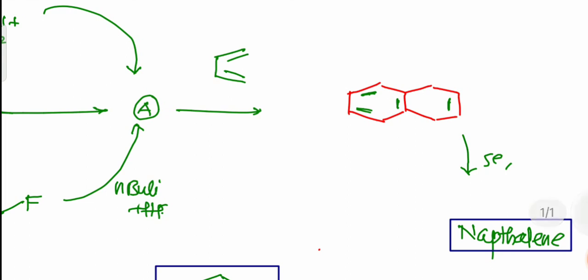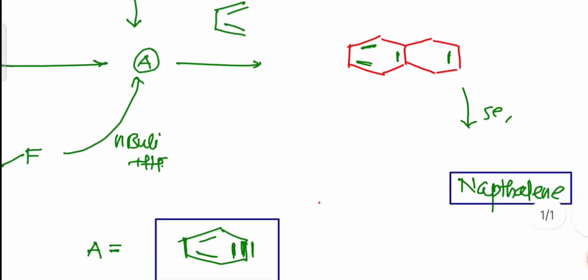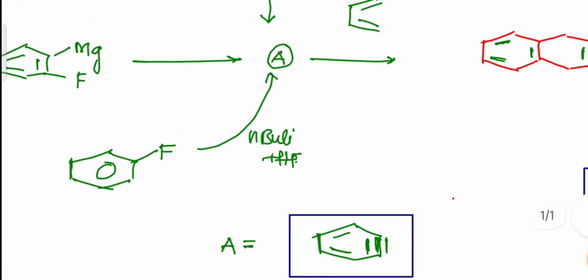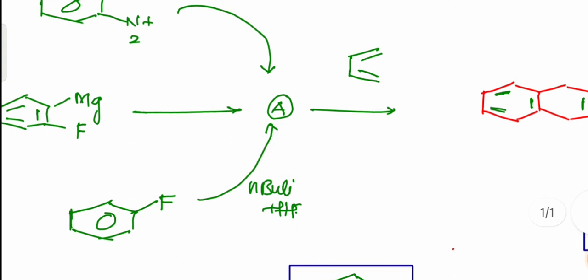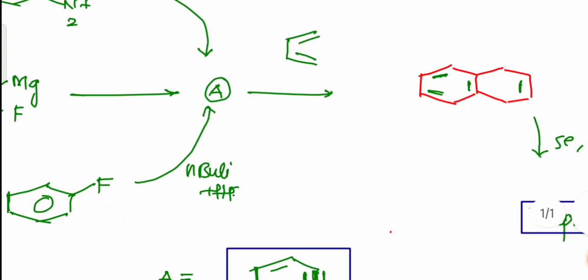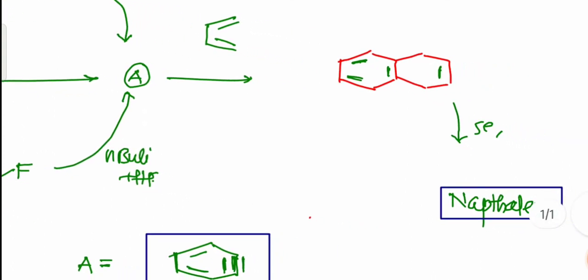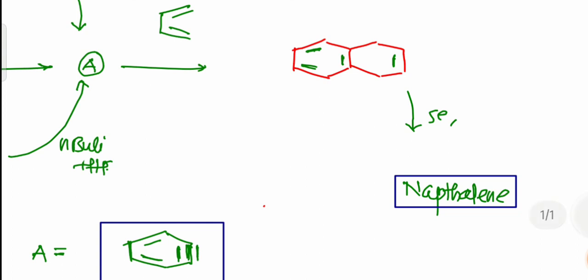Selenium is the aromatizing reagent, and it will form naphthalene. So in that reaction, you will get A as benzene, and your product B, in red color, is a tetralin type of molecule. It undergoes an oxidation reaction with an oxidizing agent, for example selenium, to form the product called naphthalene.